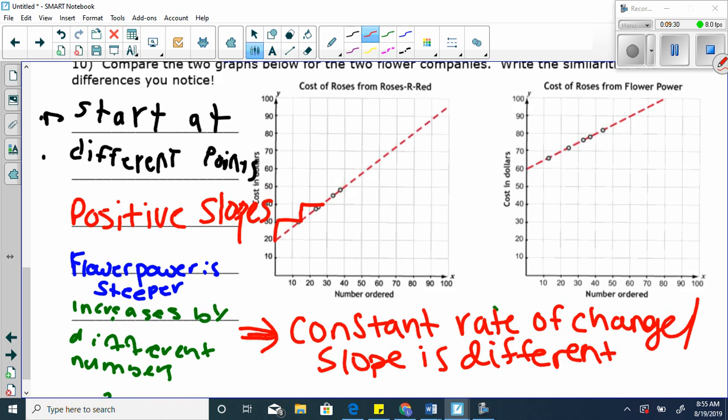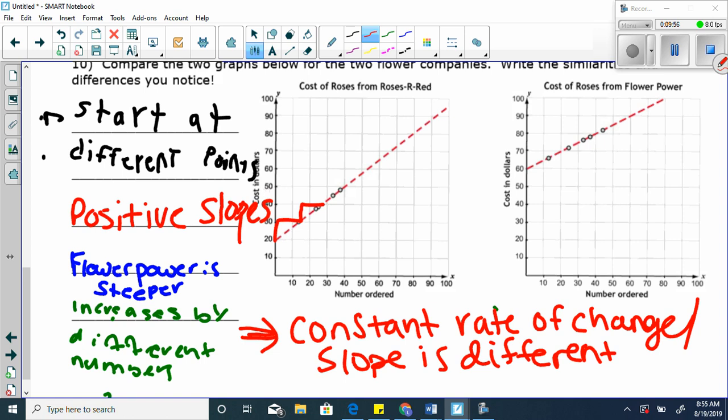Which graph is steeper? The roses are red. Good. Roses are red is actually steeper, right? Because with flower power, think of it if you were hiking up that hill, which one you'd want to hike up. Flower power is a little more constant, right? If you look at it. Where roses are red, it's increasing rapidly.